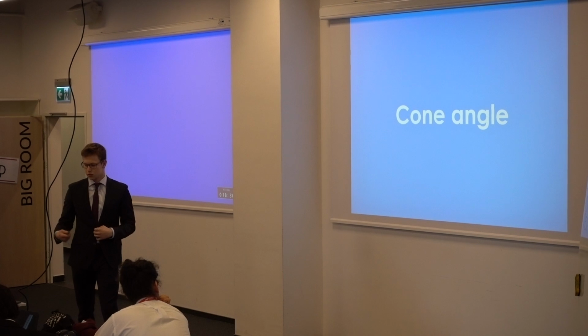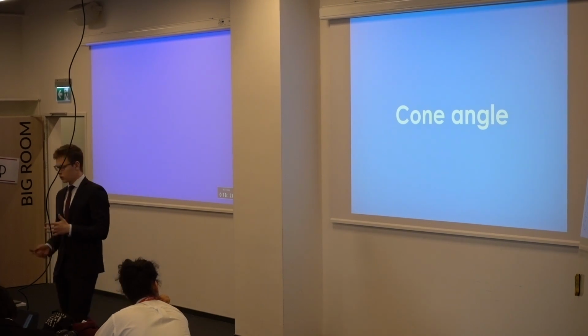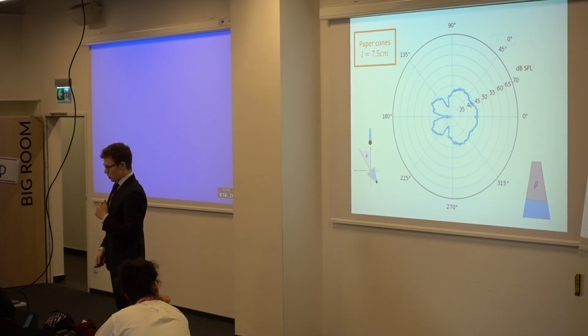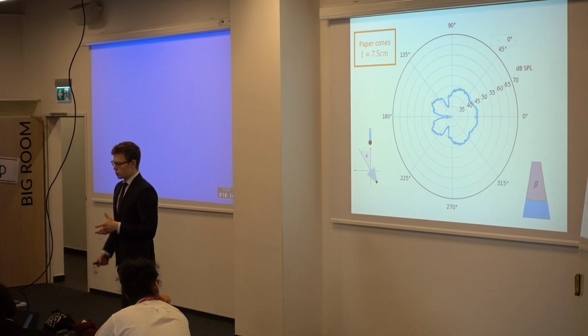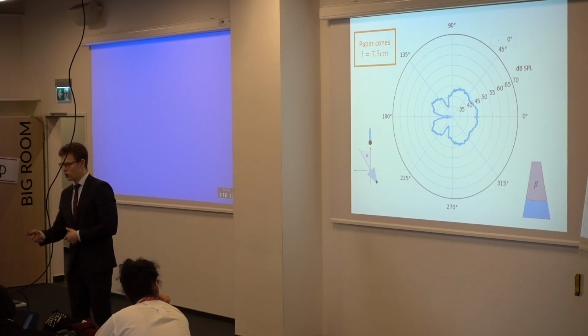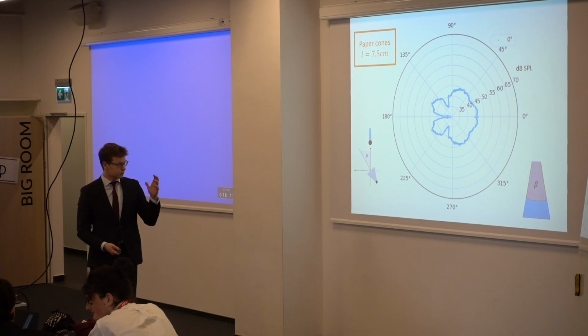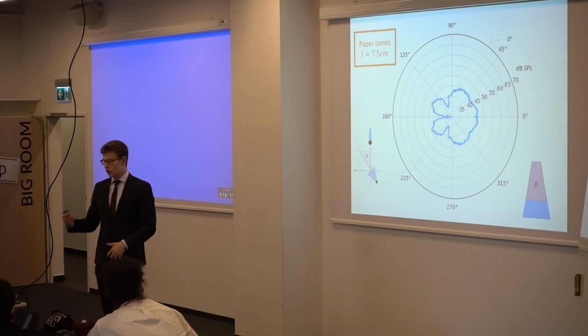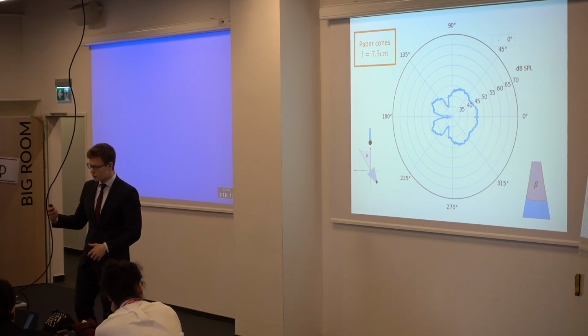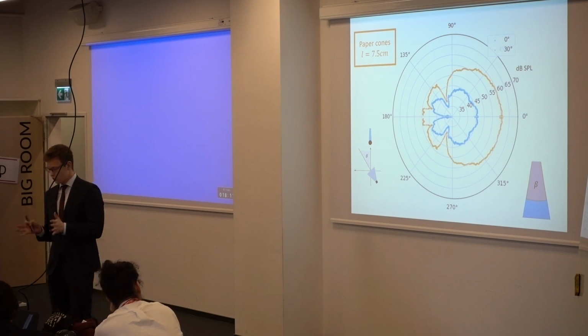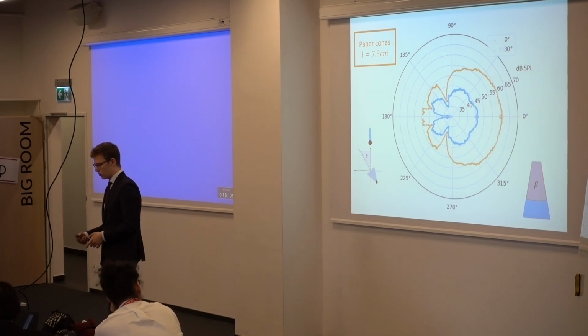Okay, so now let's look at our measurements. First, we measured the dependencies for cone angles. First, we used a cylinder type horn. Therefore, we said that this is a horn of zero angle. And you can see that the acoustic output is relatively small compared to what happens when you add a cone of an angle of 30 degrees.